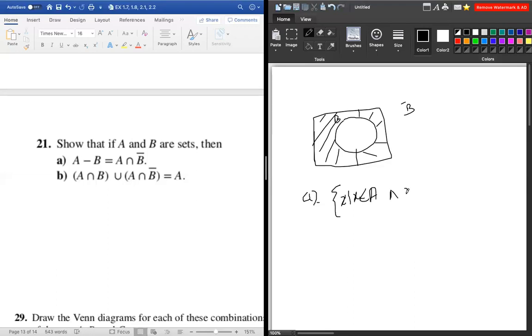It's a conjunction. And X does not belong to B. So for does not belong, we just put a line across this E. So X is an element in this domain such that X belongs to A and X does not belong to B. This one here represents it, so A minus B can be represented as this.